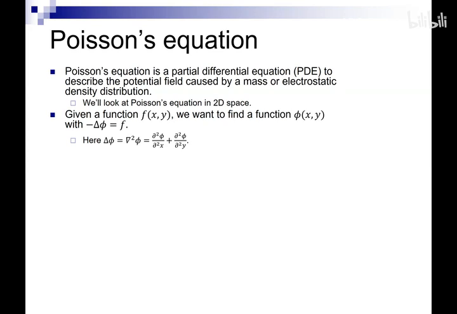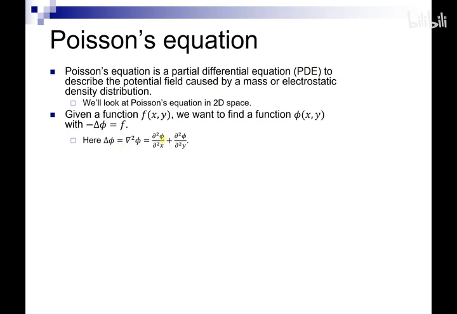The way you can express Poisson's equation is this. We're trying to figure out this phi here. Phi is going to be a bunch of values, and we're trying to figure out what these values are. So we apply this Laplace operator, this little triangle over here, to phi.